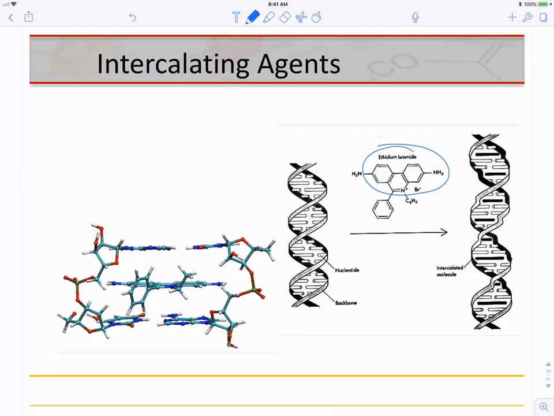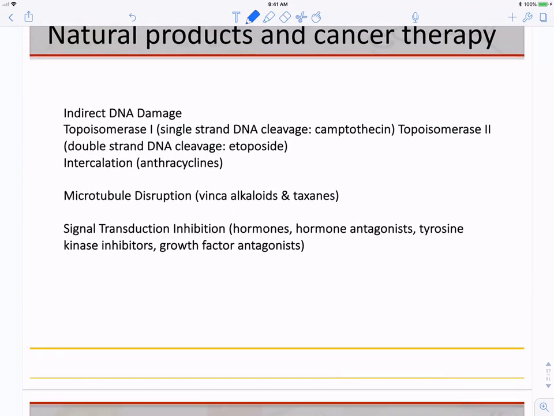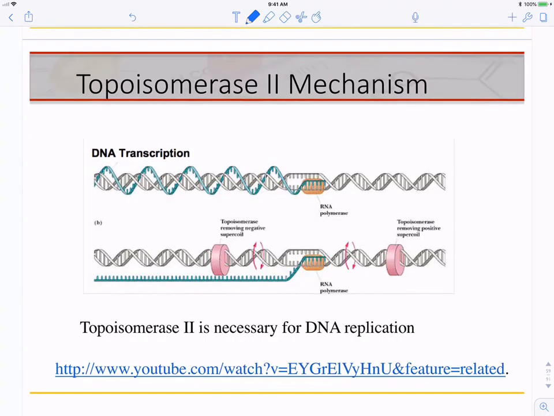A consequence of intercalation, and not the only way by which this works, is that in general, intercalators are also inhibitors of the topoisomerase enzymes, and there are several ways by which this can happen. They can inhibit topoisomerase 1 or topoisomerase 2, and we'll see the mechanism in more detail in a little bit. So what does topoisomerase do?